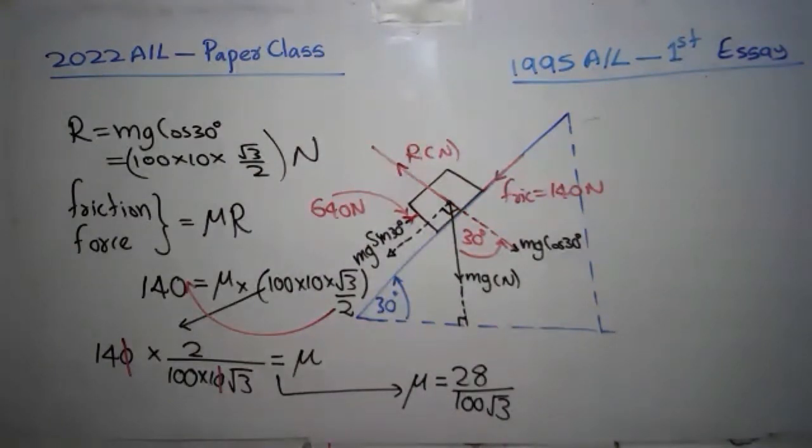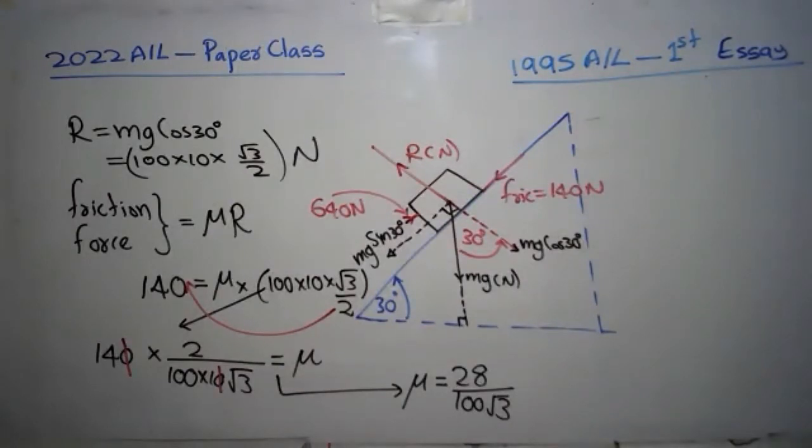Okay. How to simplify this here? What will be the value if you simplify this here? Square root 3 means 1.732. So that is 173.2.